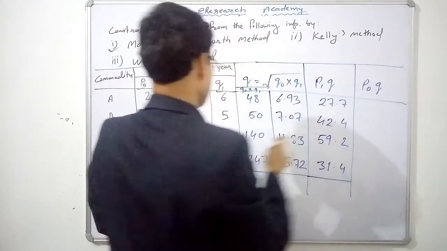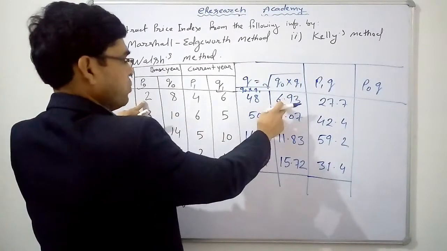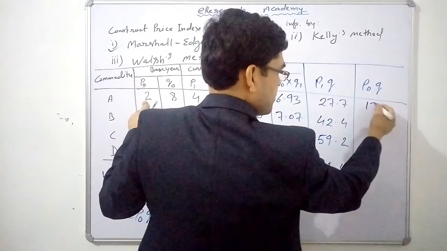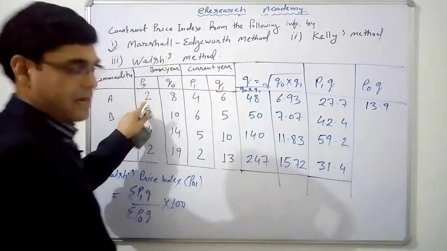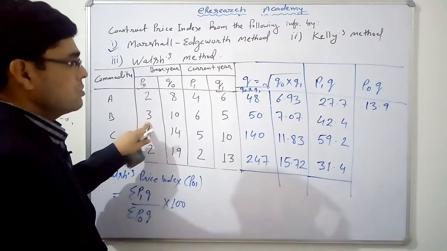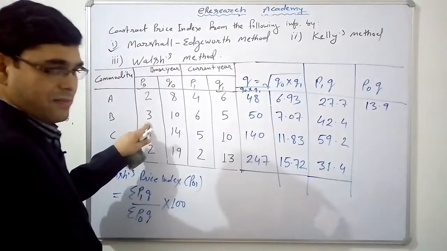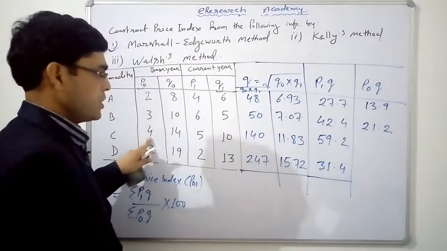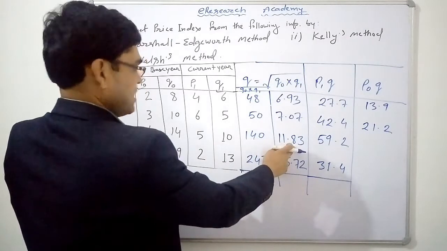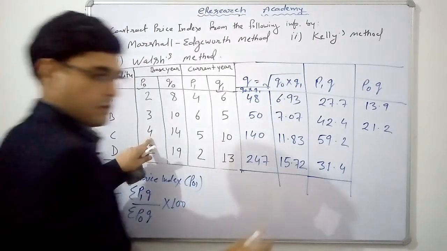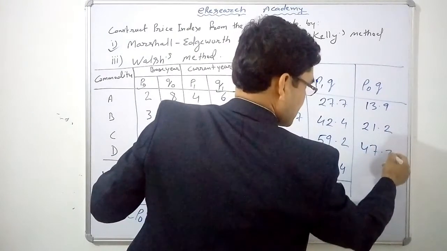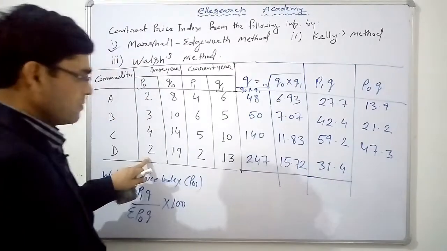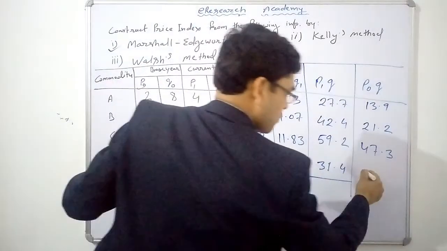Next one is P0Q. Okay, so 2 into 6.93, that is 13.9. This is 3 into 7.07, this is 21.2, and 4 into 11.83, it is 47.3, and the last one 2 into 15.72, it is 31.4.